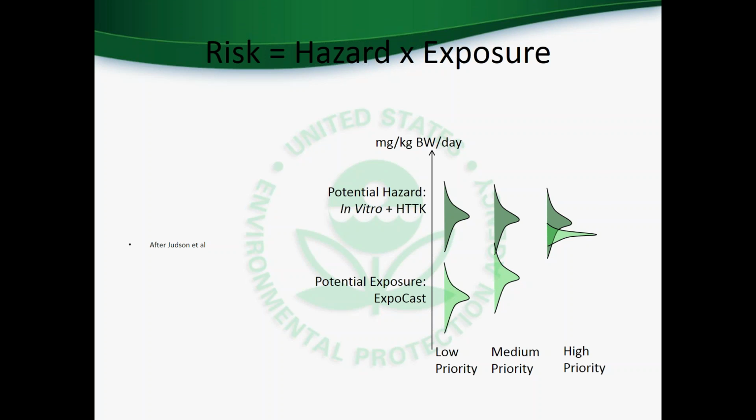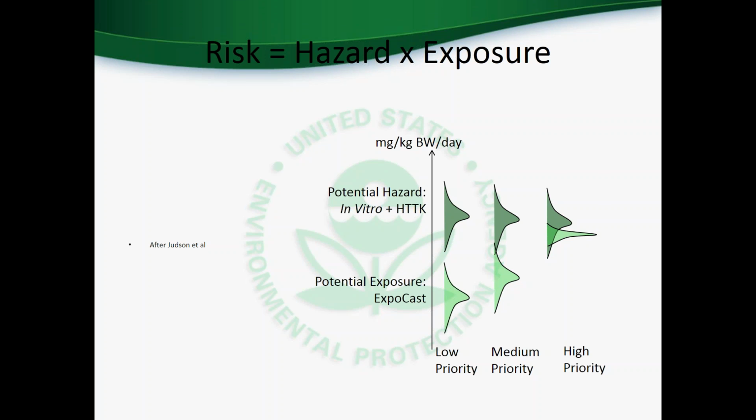Getting back to the idea of risk being equal to the hazard times the exposure. This is how we can look at the data generated from Tox 21 to make decisions about priority chemicals. There are 85,000 chemicals in commerce right now.